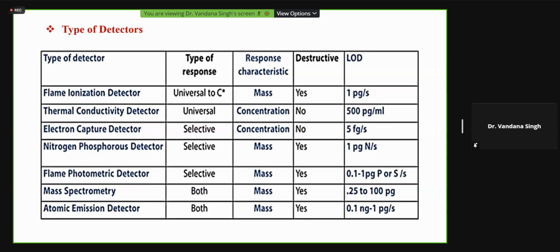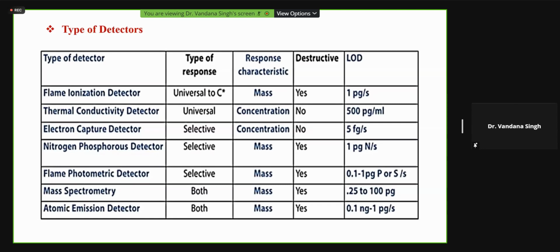All of this editing is done through software that is inbuilt in the system, so that the solvent peaks which we are getting because of the solvent can be removed, or the peaks that we are getting through impurities can be removed, so they cannot interfere with our analyte detection or quantification.